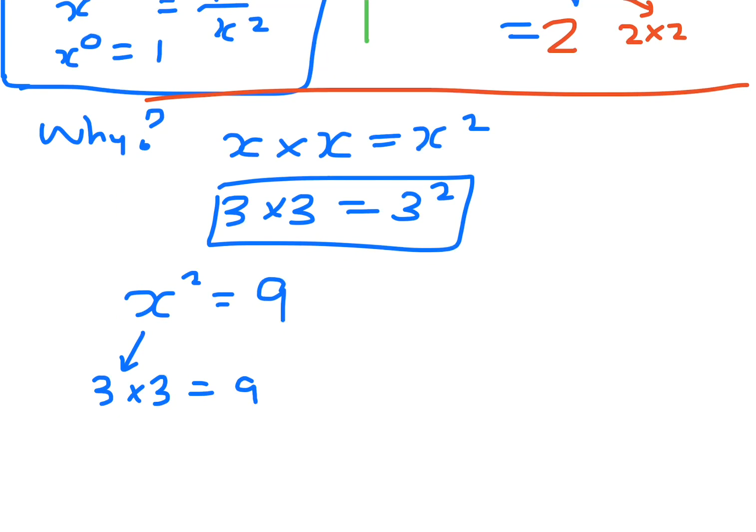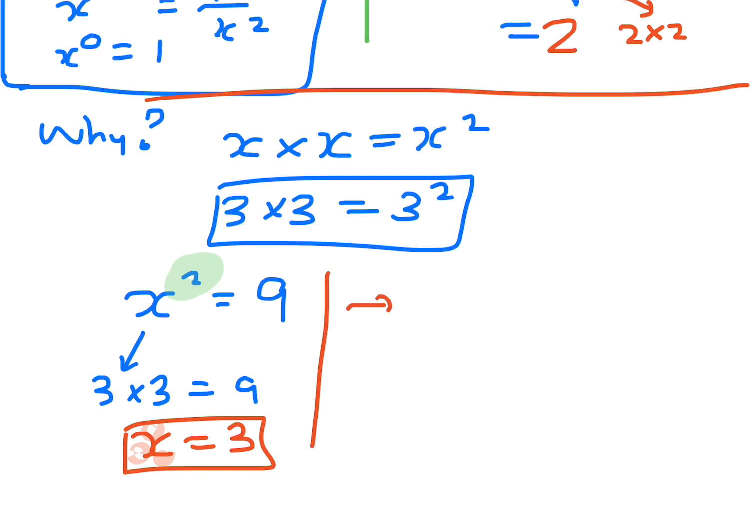Now, see how this here is a square. The opposite to squaring is square root. So instead of going 3 times 3 is 9, therefore the x value is equal to 3, you could go the opposite to squaring is the square root.